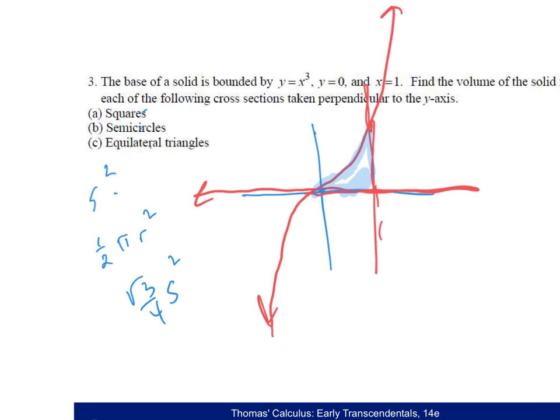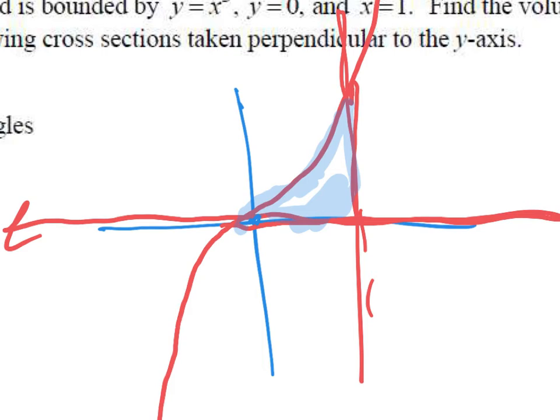A square. So I'm going to zoom in on here and say, as I look at this, I see a bunch of squares. Squares coming down from that curvy thing. And each square is dependent on how long f minus g is. In this problem, this is my f and this is my g. F is x cubed. G is 0.